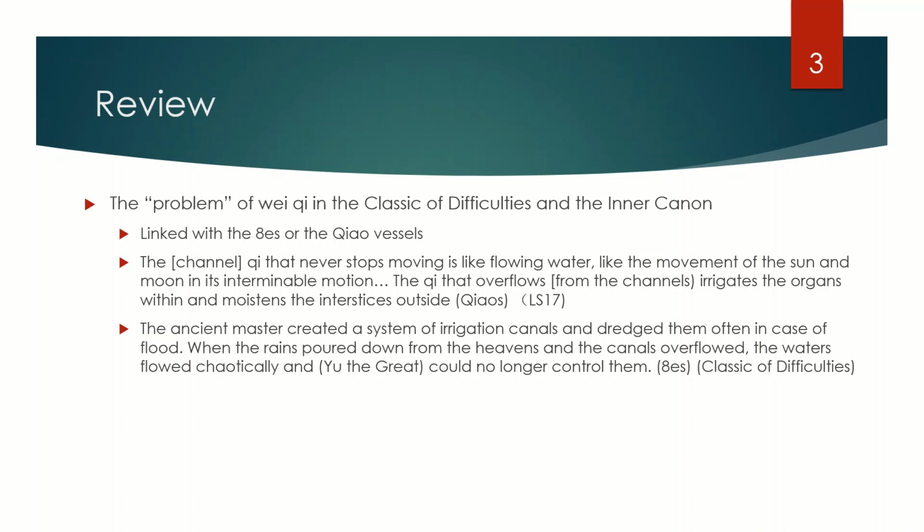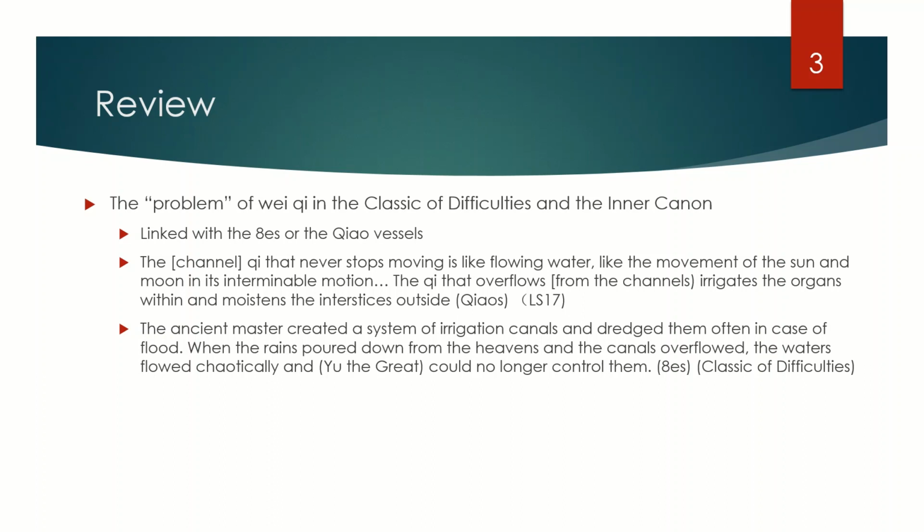Now this is coming right in the context of a discussion of the Qiao vessels in this Spiritual Pivot 17, the length of the vessels. And you can see how it's directly highlighting this question of the difference between the qi circulating in the channels and the qi circulating outside.